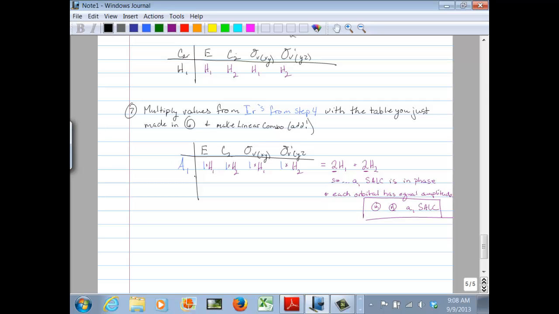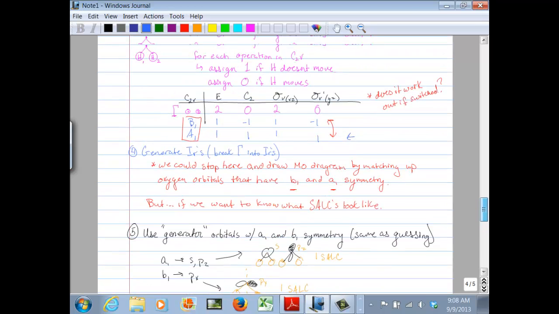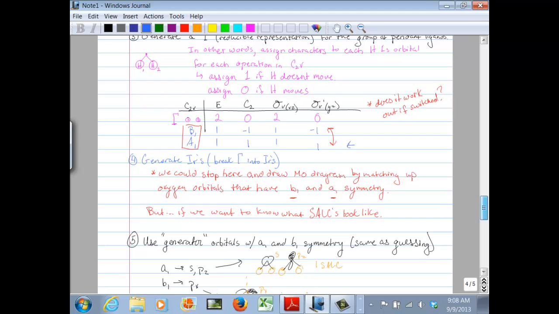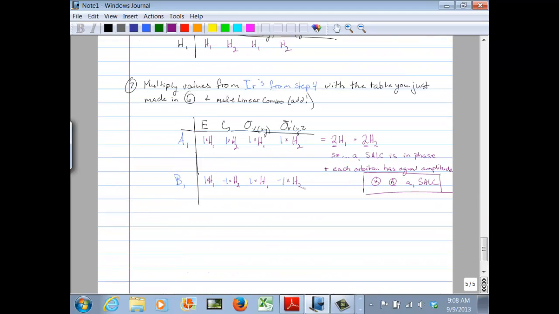Let's do the same for the other irreducible representation we found. It was B1, right? So B1 is 1, -1, 1, -1. What does that SALC look like? What's the linear combination? Good, 2H1 minus 2H2.